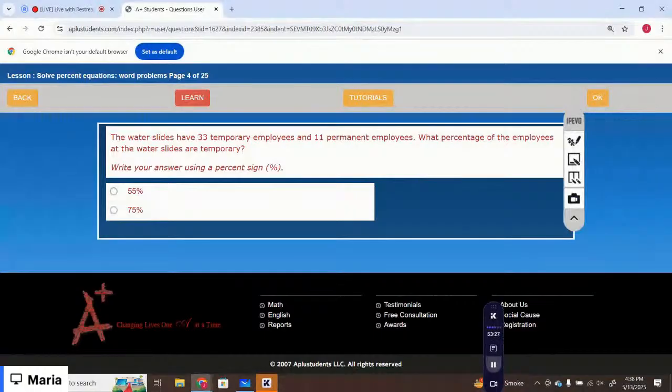The water slides have 33 temporary employees and 11 permanent employees.